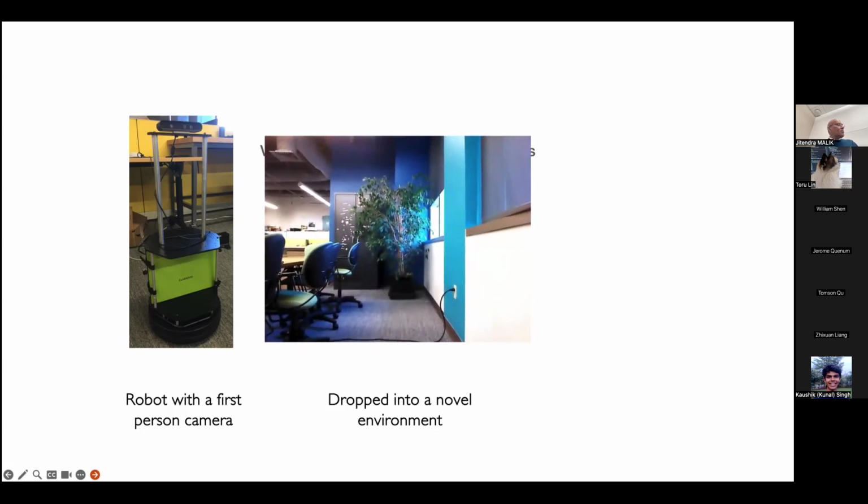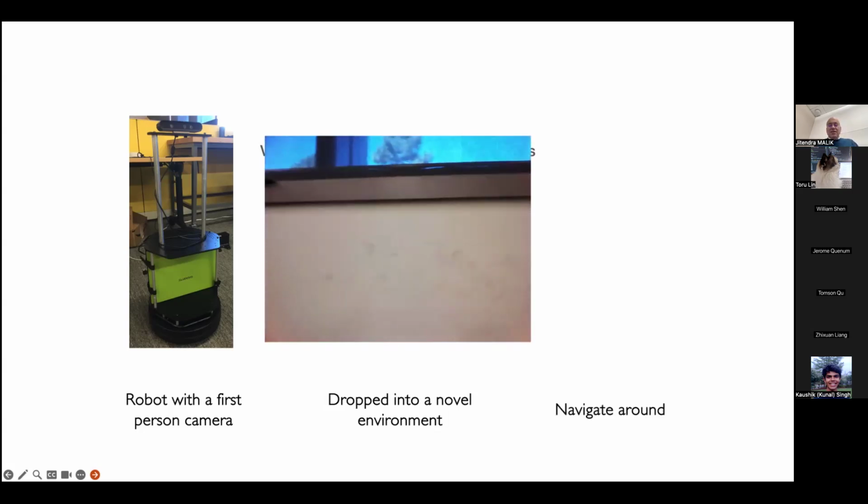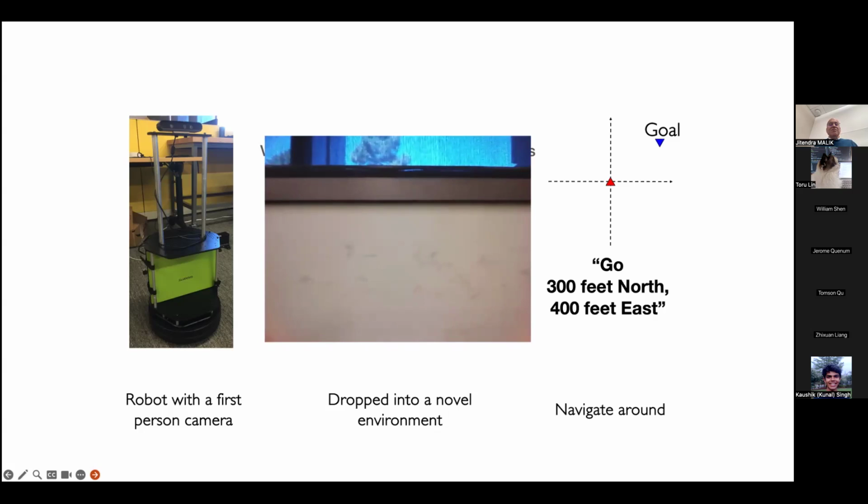Okay. Then the robot walks around, and then it's given some goal. There are a variety of ways to specify goals. One way is geometric, right? You say go 300 feet north, 400 feet east. These are rarely the goals that you actually care about in practice.